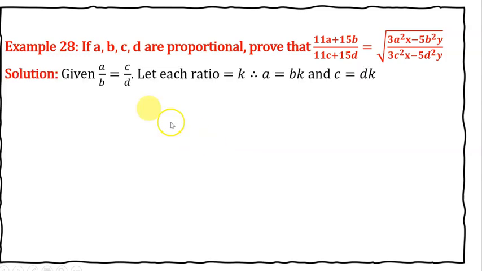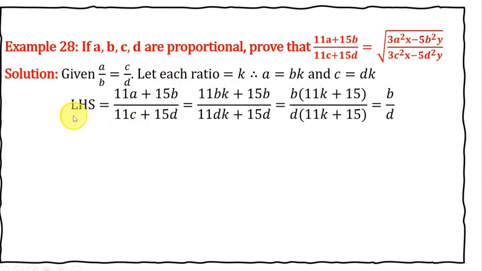As a, b, c, d are in proportion, therefore you will have a upon b is equal to c upon d is equal to k, and hence the value of a is equal to bk and the value of c is dk. Now next, substitute these values in LHS and the RHS. LHS is equal to 11a plus 15b upon 11c plus 15d.